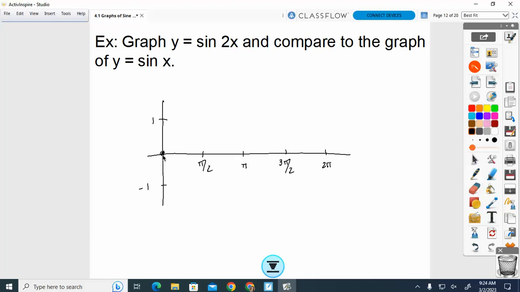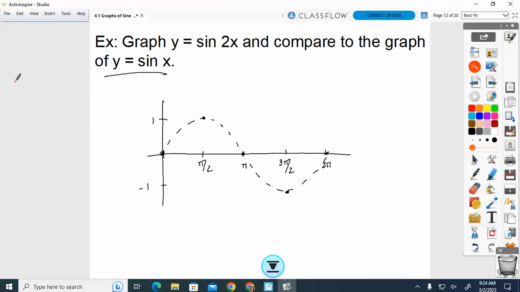Sine starts at 0 and then goes up. So that's what sine looks like.